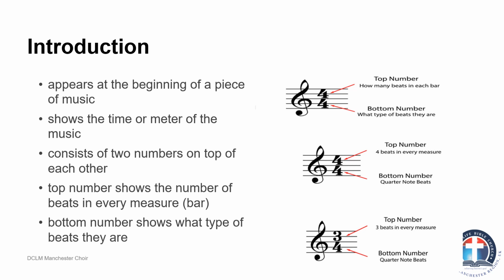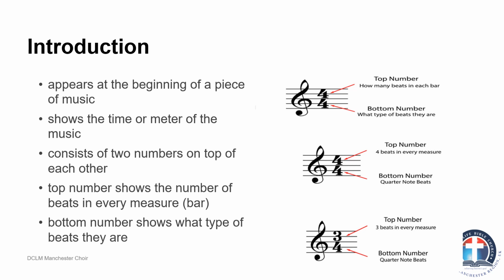The number at the top shows the number of beats in every bar, and the bottom number signifies what type of beat they are. In other words, the top number signifies the quantity of beats in a bar, as against the bottom number that signifies the quality of beats.